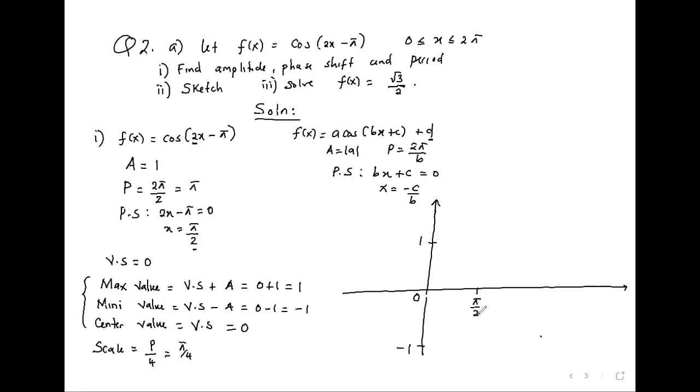Start adding pi over 4. If you don't want the radians, you can do it in degrees. We say, okay, pi over 2 is 90. So I have 90 here in the first shift. Then my scale is 45. So you do 90 plus 45, we're getting 135.